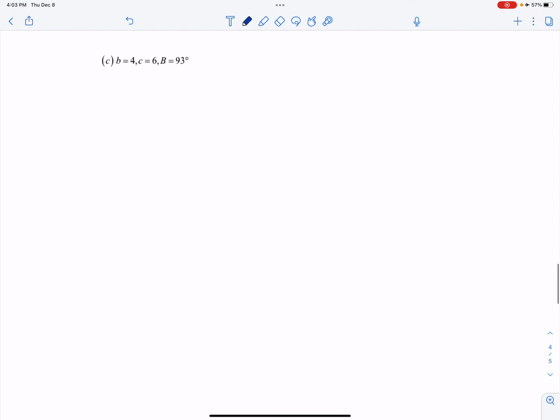Okay, how about this one? B equals 4, C equals 6, and B angle is 93 degrees. So let's start with sine B over B equals sine of C over C, like we have before.